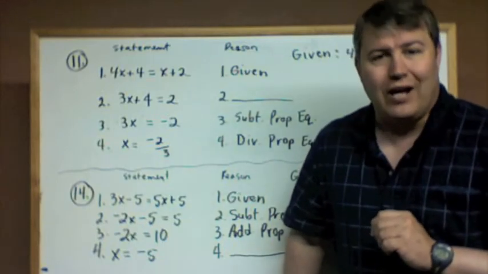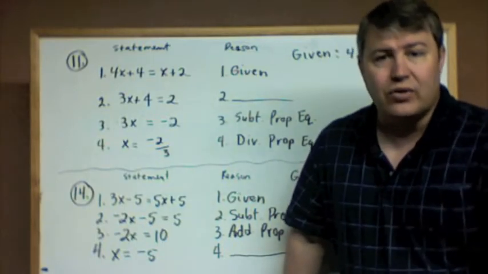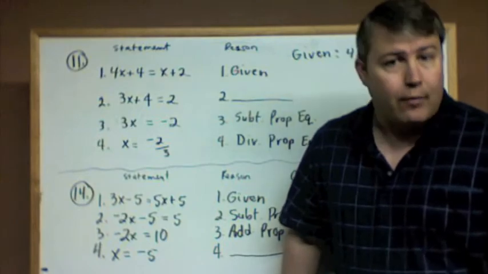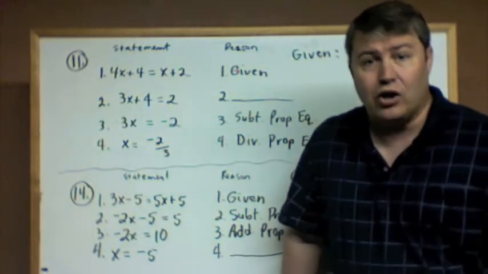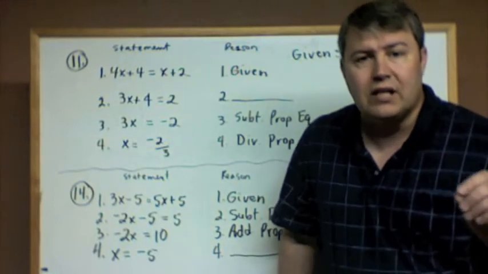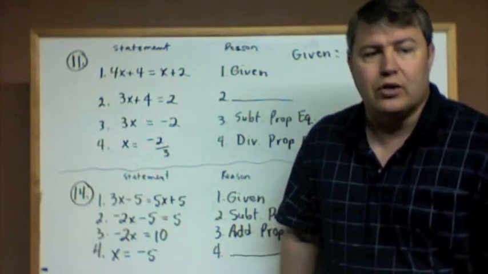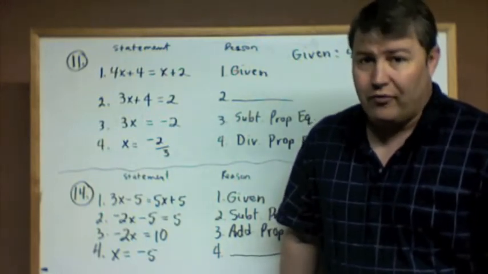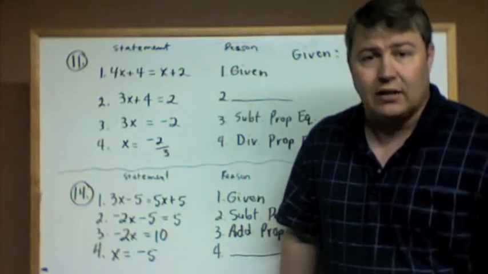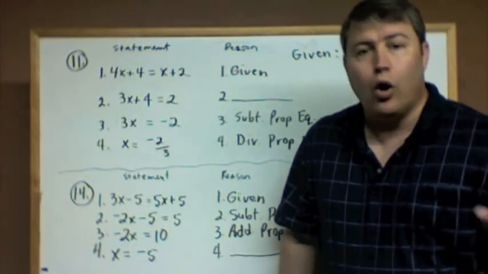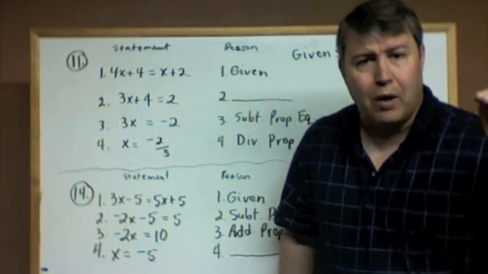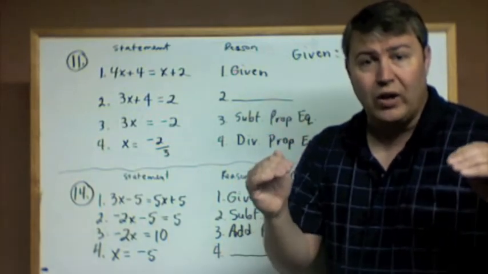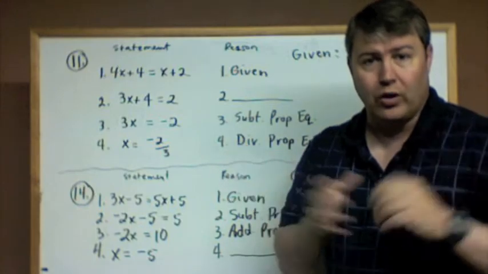We start with algebra in here because that's something that most students in a geometry course have had some experience with. You've either had Algebra 1 or you've at least in pre-algebra solved enough equations that you've seen algebra before. You know what to do basically to get x by itself. All we're doing is step by step getting x by itself, but we're showing reasons why we can do each step. That's what we're going to start with.